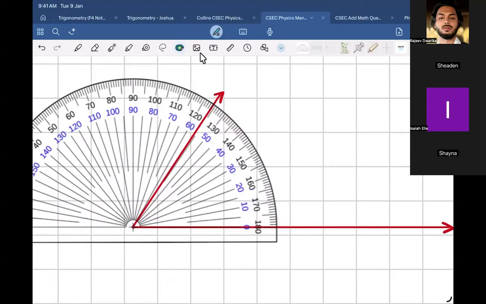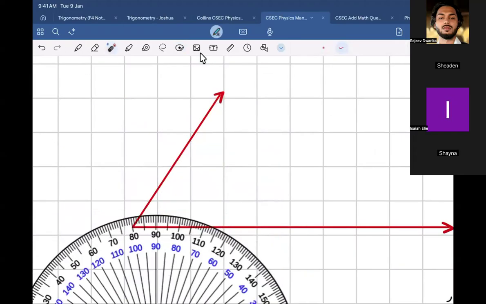So this is what I'm going to do. I'm going to do an example and you will copy down in the books after. Shay, could you help me read this angle? This looks like how many degrees? 56 degrees. Yeah, that's looking like 56, right?